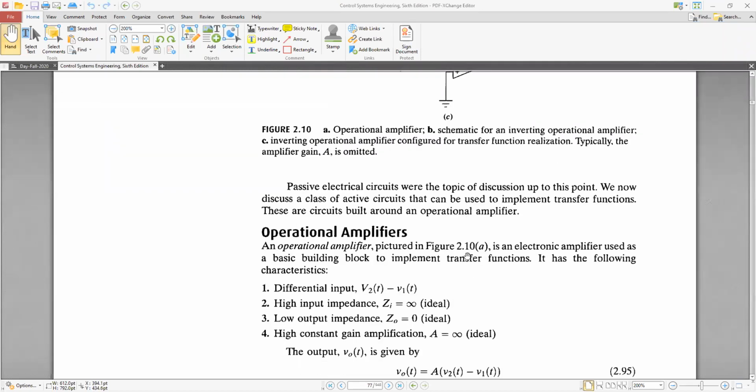Now it has some equations, like the differential input. An operational amplifier is an electronic amplifier used as a basic building block to implement transfer functions.